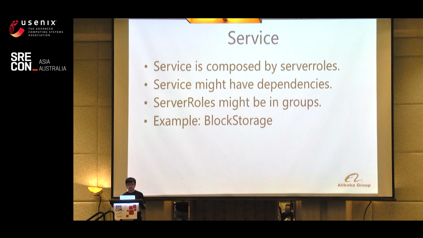And a good example for service is block storage. Because when we use elastic compute service, most of the time we have to use block storage. We will also have other kinds of storage, but block storage is a very good example for services.